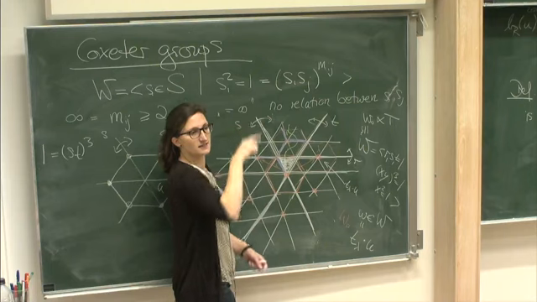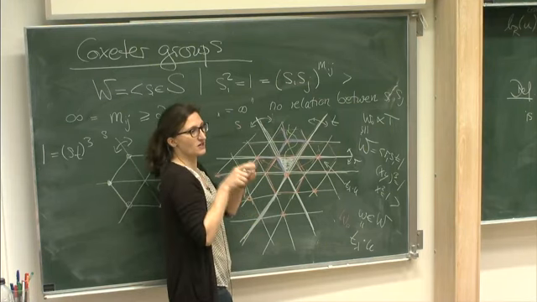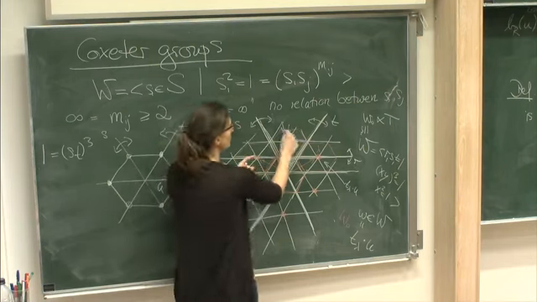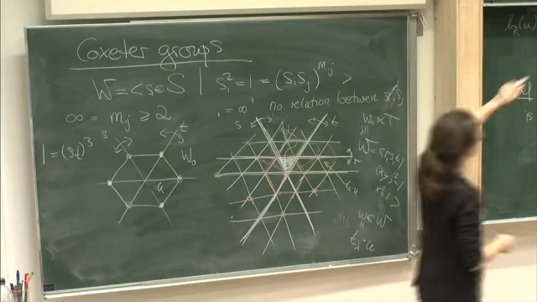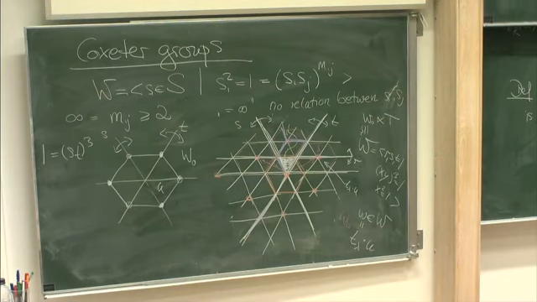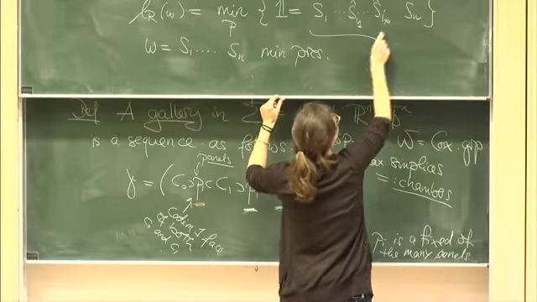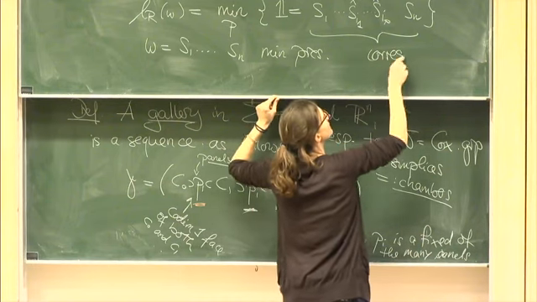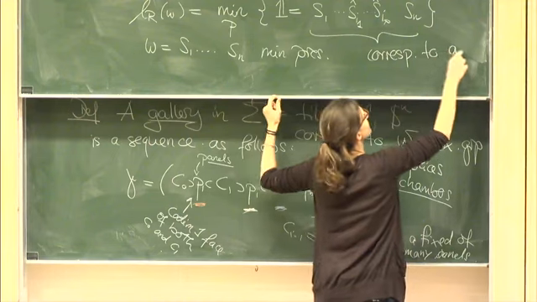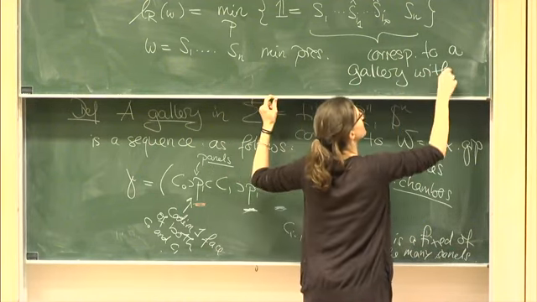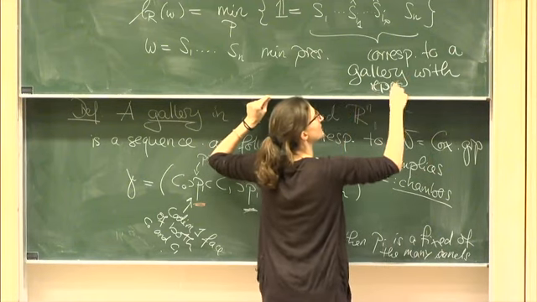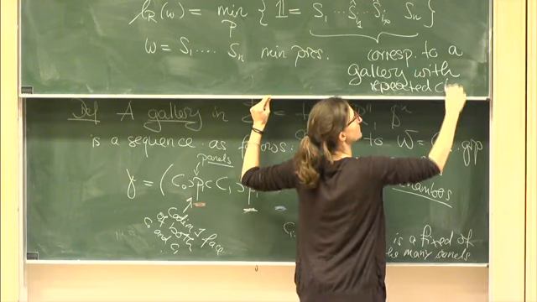So deleting things means that you have panels where you repeat chambers along a certain color. Okay, so this decorated word here corresponds to a gallery with repeated chambers.